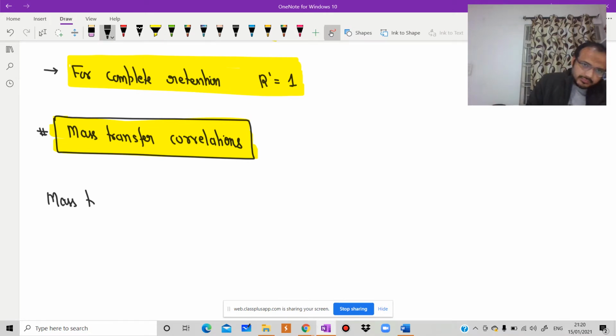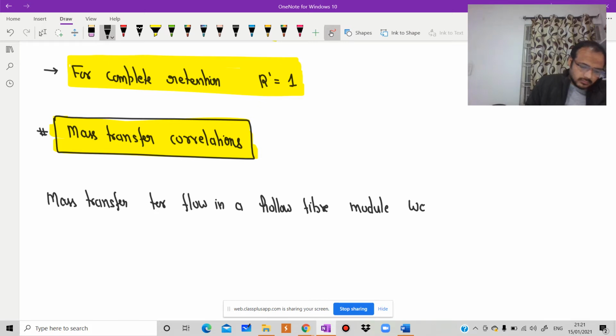Mass transfer for flow in a hollow fiber module, and a set of correlations was proposed.